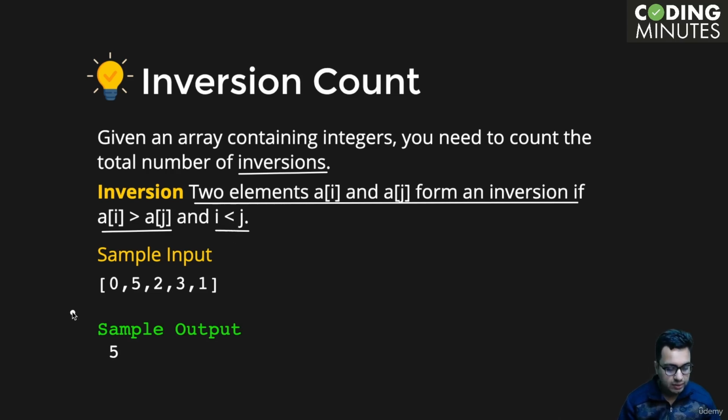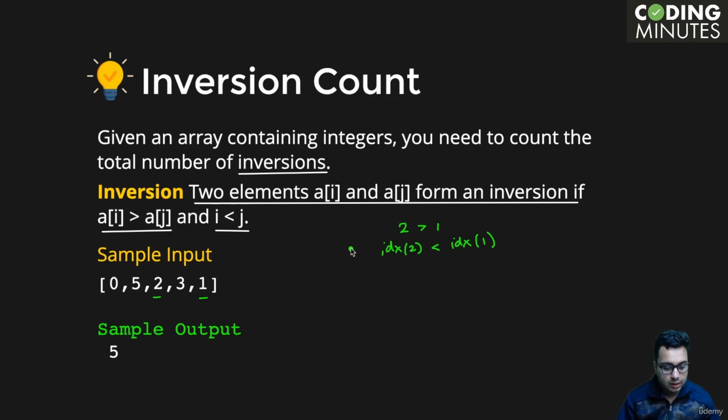For example, in this array, let me count how many inversions I have. Let me show you one sample inversion. Maybe 2 and 1 will form an inversion because 2 is greater than 1 and the index of 2, that is i, is less than the index of 1. All such pairs will form an inversion.